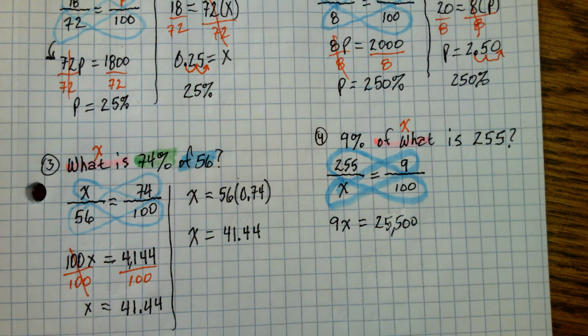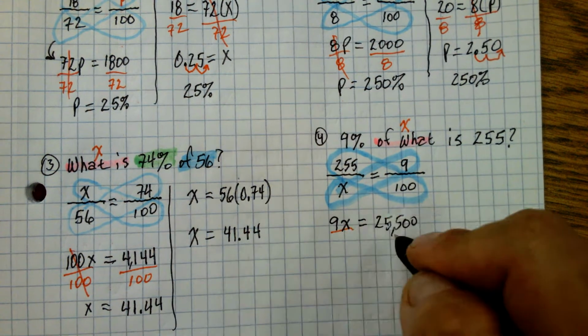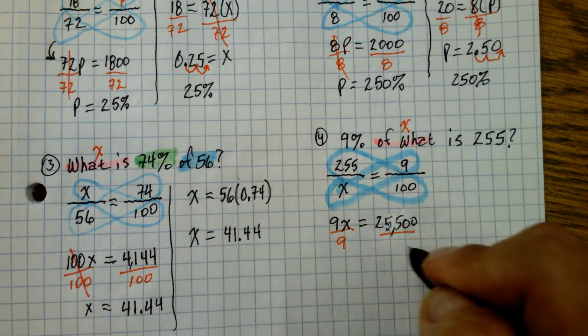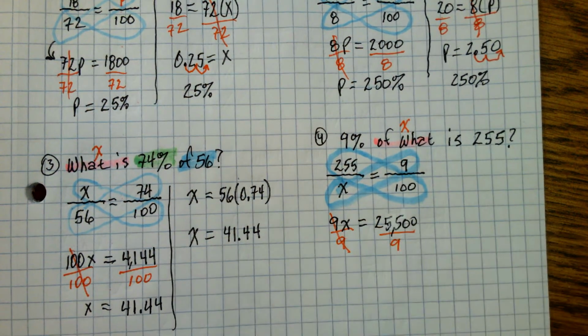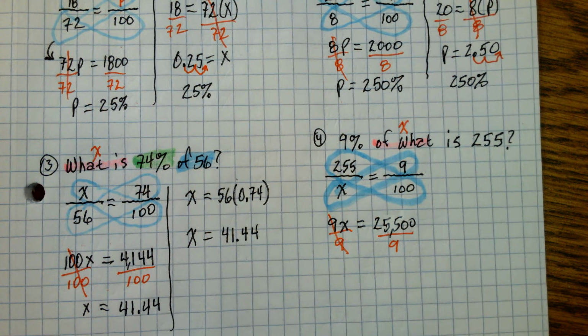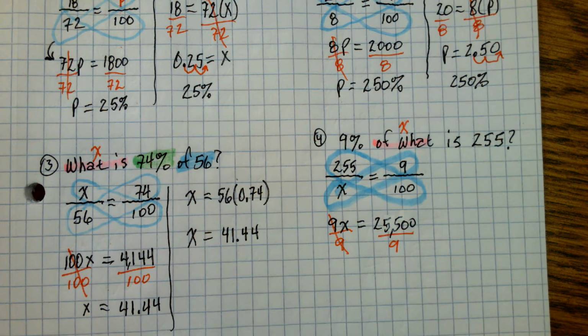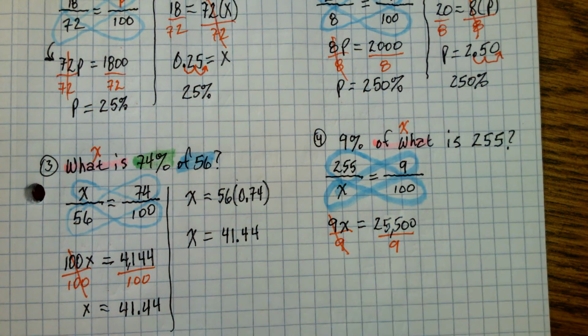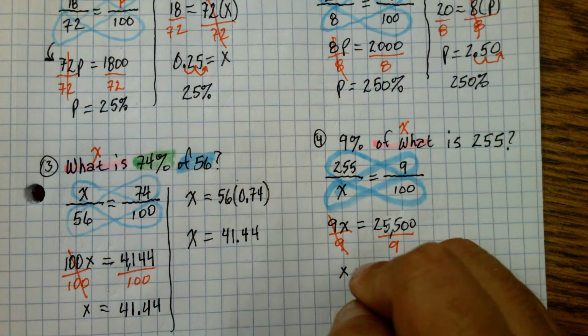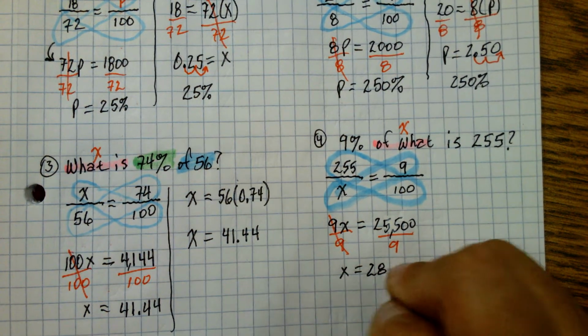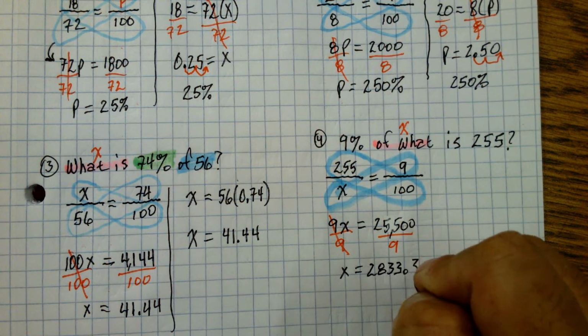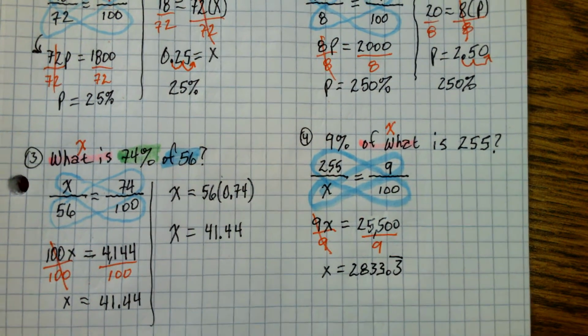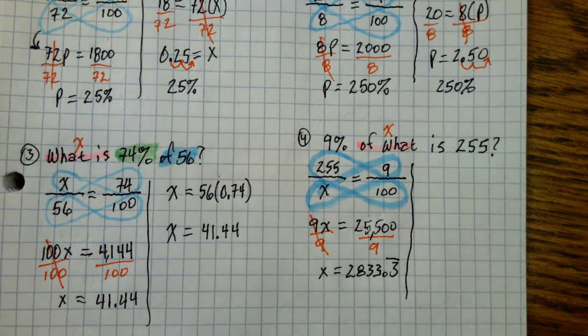Okay, so we got to divide this by 9. So we need 25,500 divided by 9. Yeah, we got a repeater. So 2,833.3 repeating, and that's just how it goes sometimes. Okay.